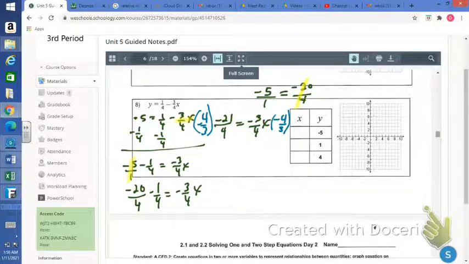Okay, so if you do -4/3 times -21/4, you're going to get a positive 7 equaling x. So x is going to be equal to 7. Okay, so we're going to plot that point, 7, -5.